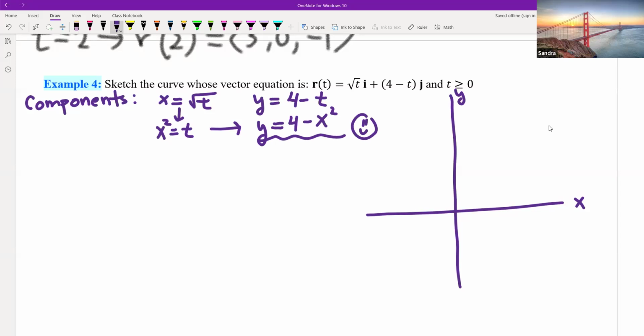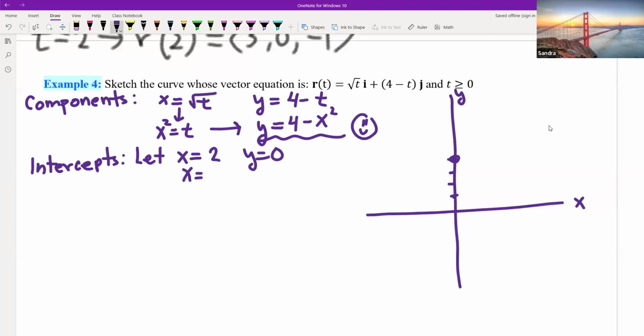And so I really don't need anything else. 1, 2, 3, and 4. And so I know that I have a point right here. The other thing that I know is I have some intercepts. For example, the intercepts would be if we let x be equal to 2, then y will be 0.